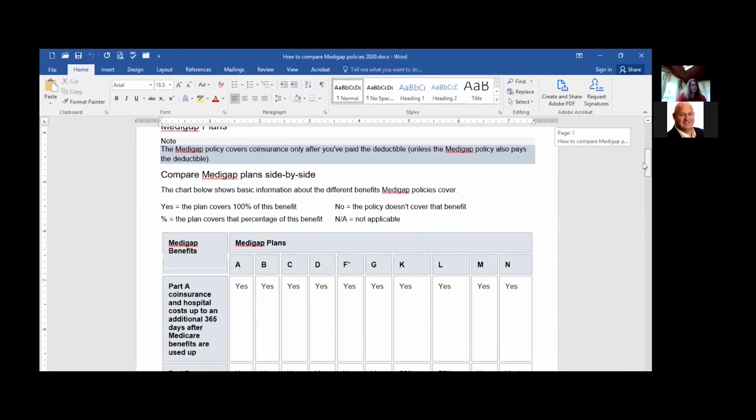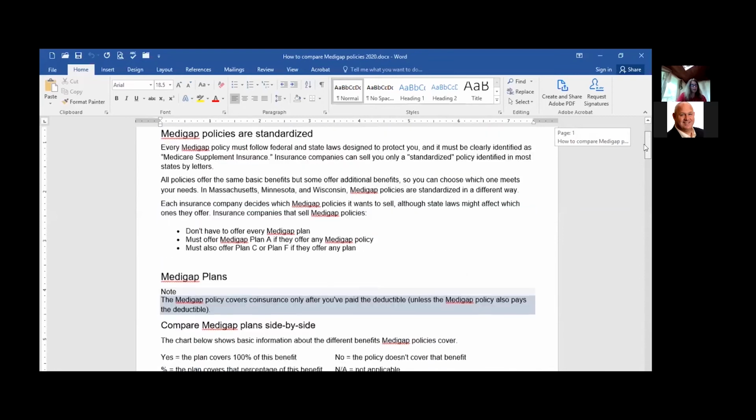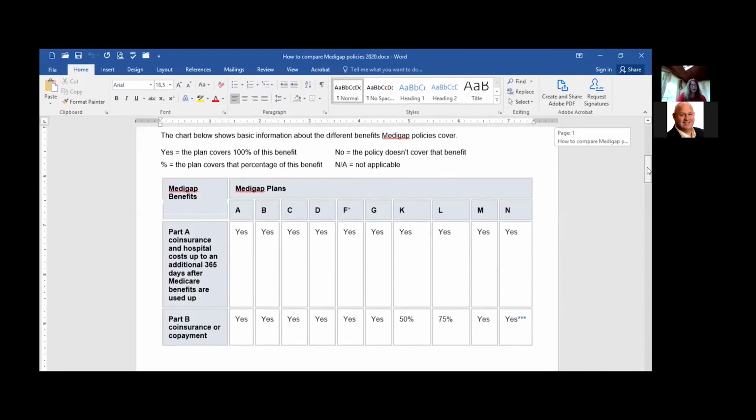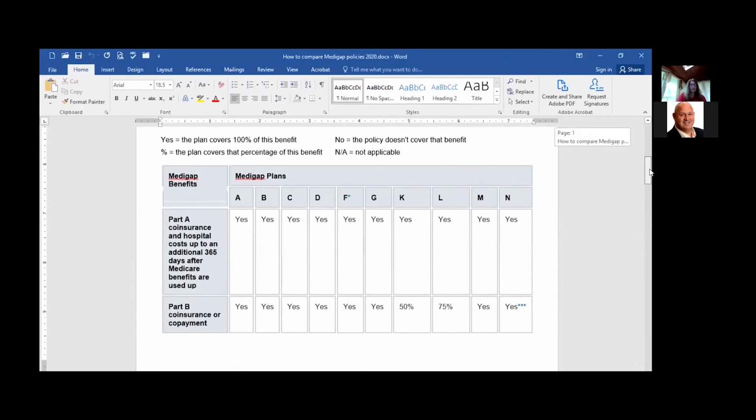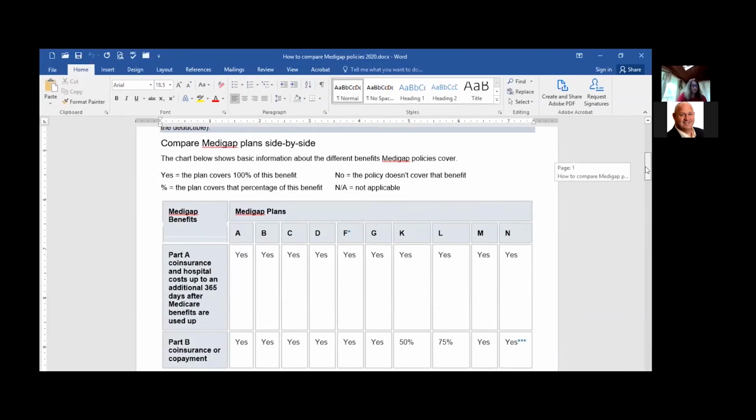So you should see the Medicare Medigap policy comparison chart. Is that what you see on your screen? Yes, that's what we see. Great, okay. Want to stop share for a moment.